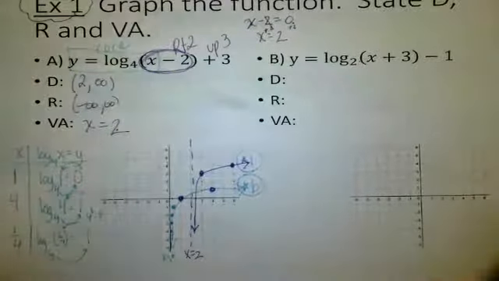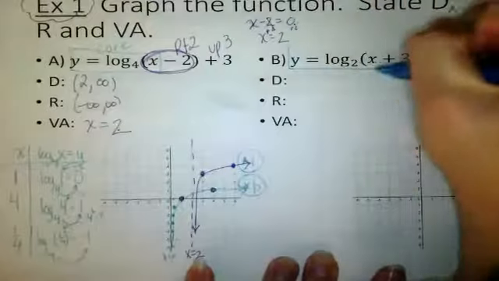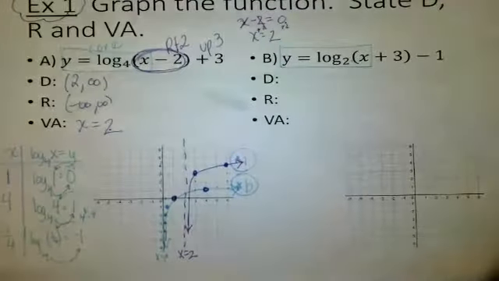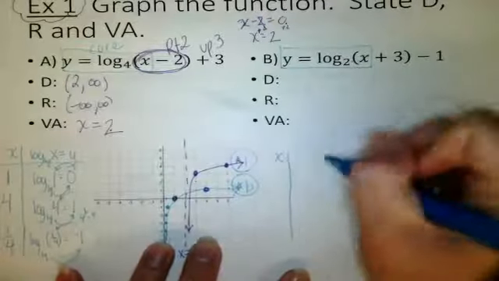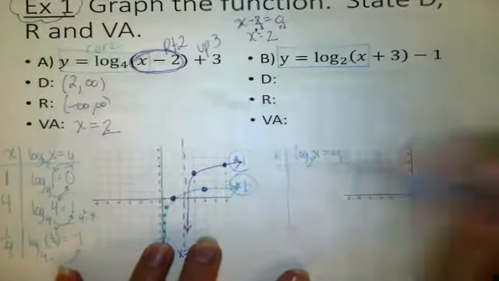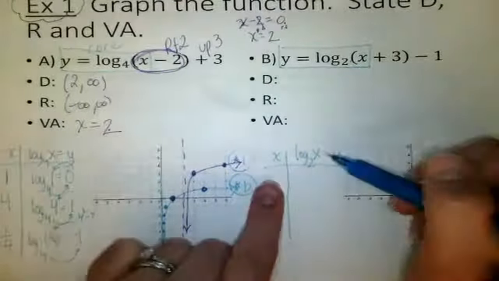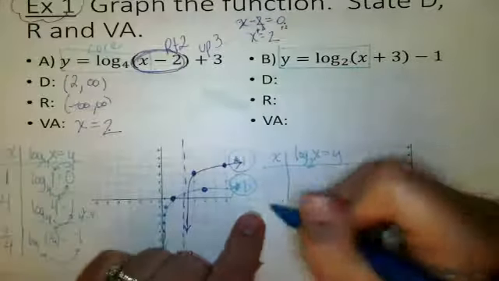All right. Letter B. My core function is log base 2 of x. So I'm going to set up a little xy chart. I'm going to flip it around. Log base 2 of x equals y. What numbers should I plug in for x? 2 is an excellent choice.